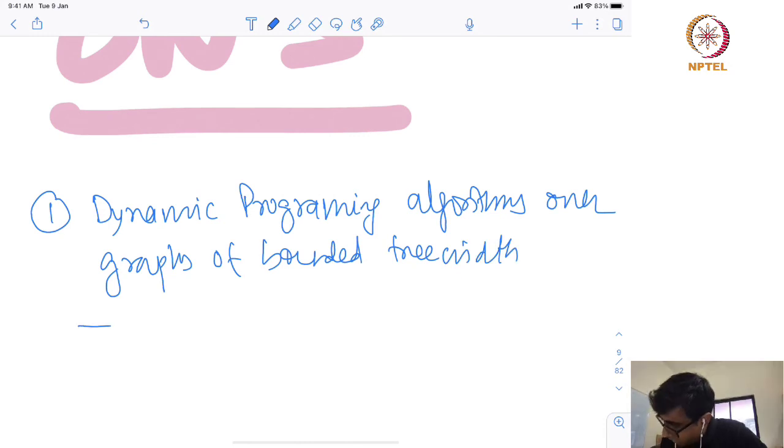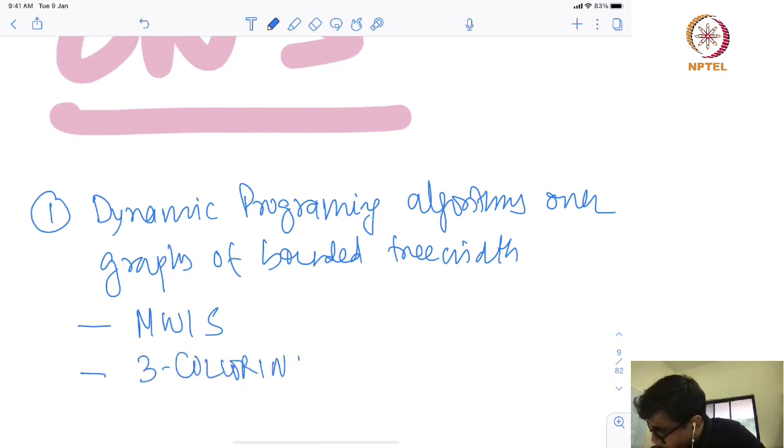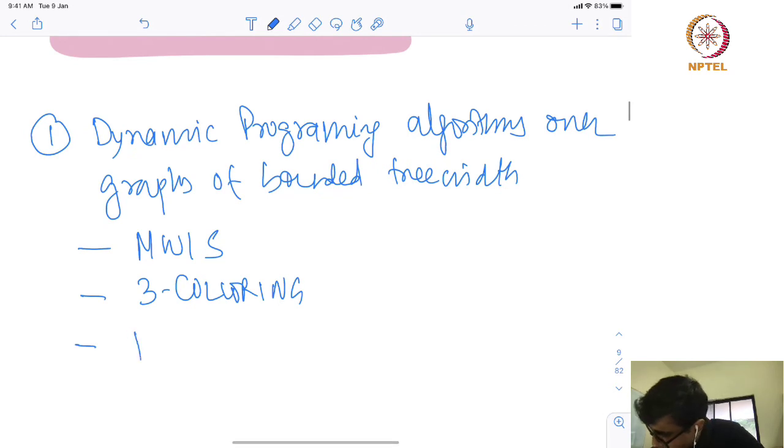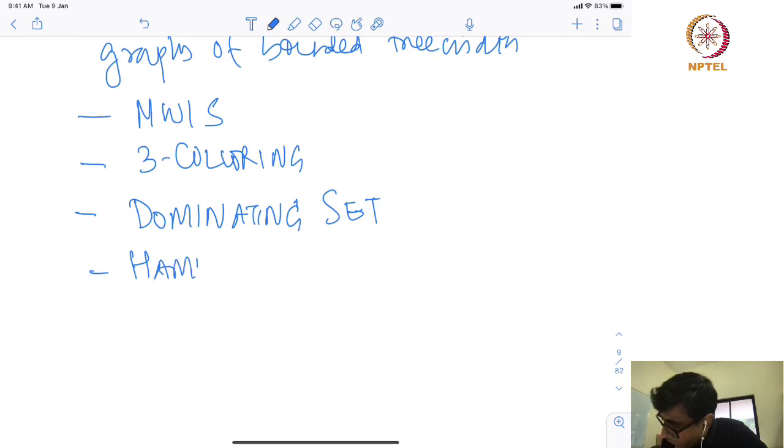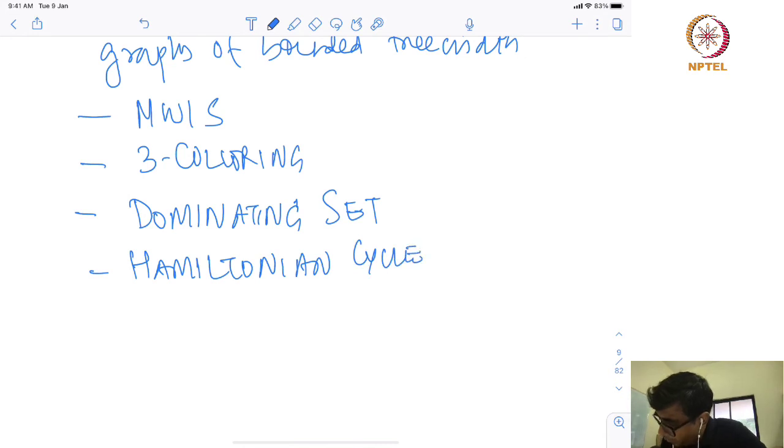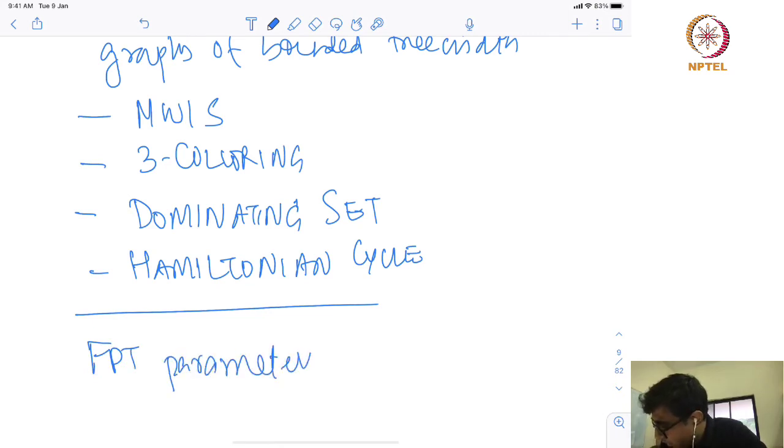So, we saw an algorithm for max weight independent set, 3-coloring. Then we also saw an algorithm for dominating set. We saw an algorithm for Hamiltonian cycle, right? And we showed that all these problems are FPT parameterized by tree width. Okay.